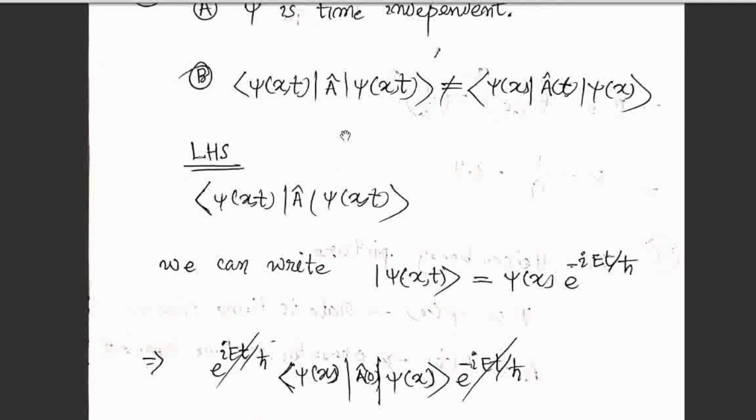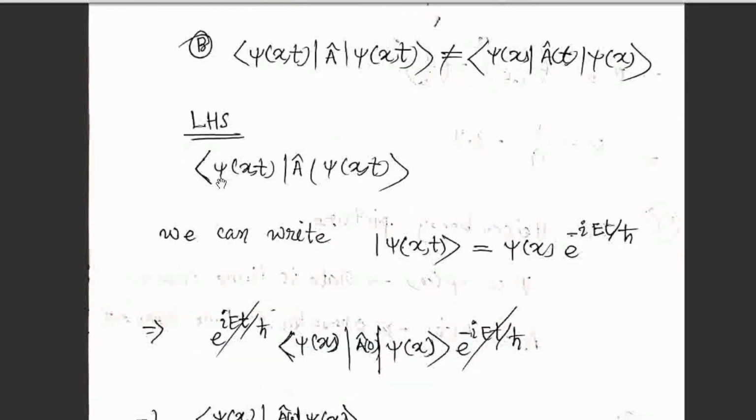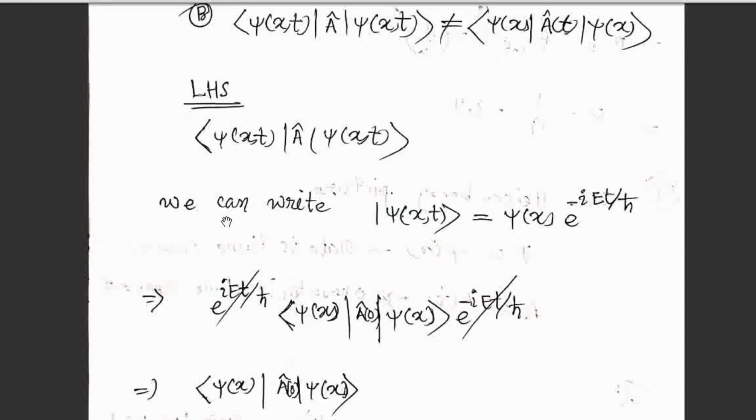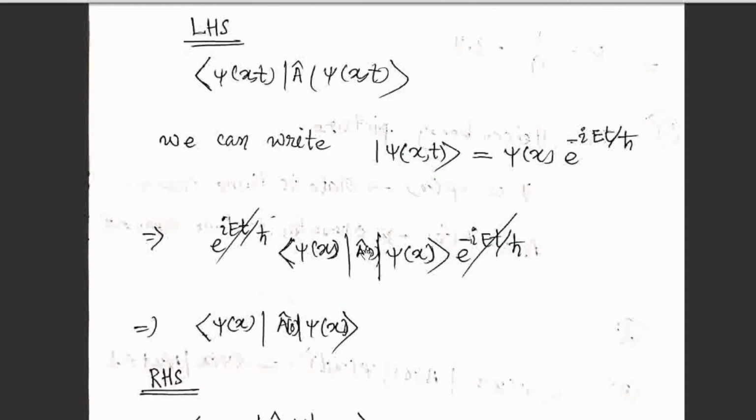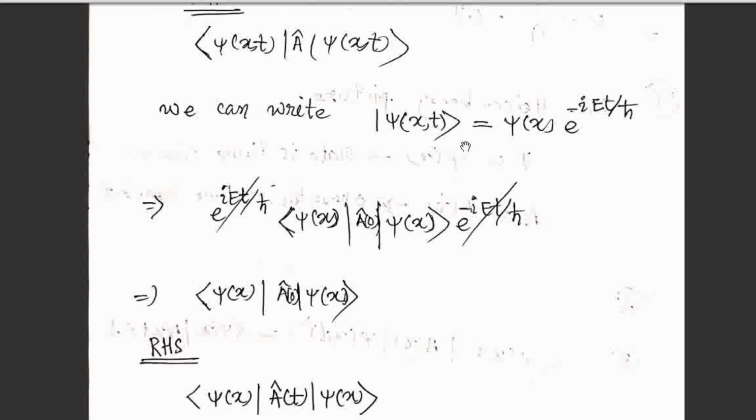Now let's see one by one. Let's pick the LHS. That is the expectation value of psi(x,t), A, psi(x,t), where A is a time independent operator. We can write the ket psi(x,t) as psi(x) times e to the power minus iEt by h cut. Now we put this value here.